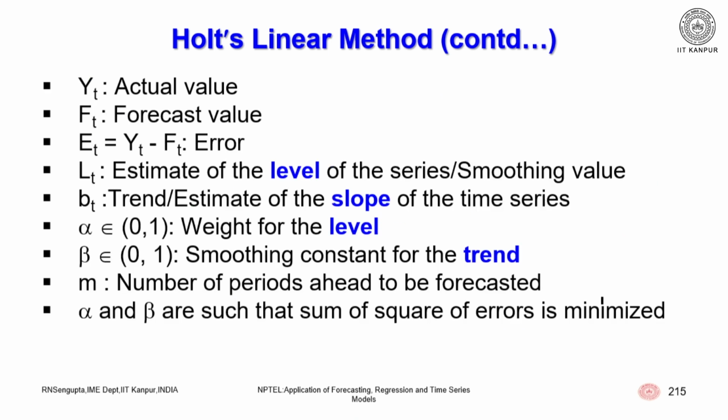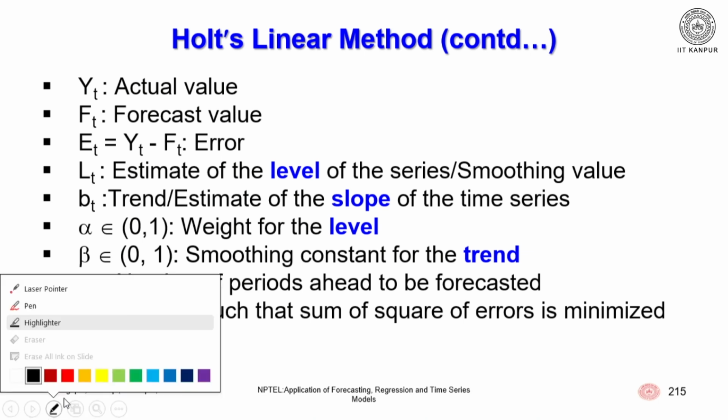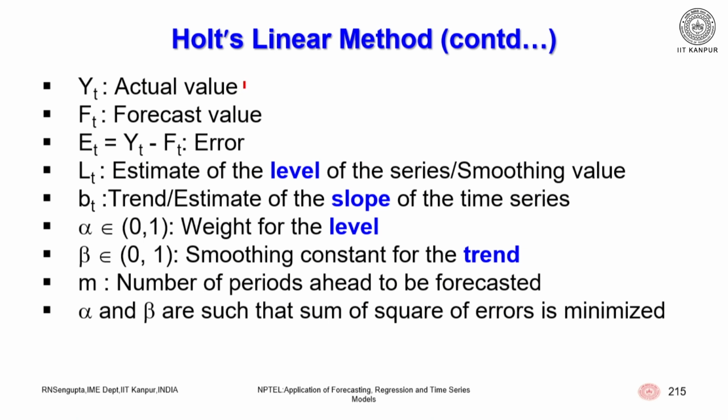What is the nomenclature for this Holt linear method? They are exactly the same, but I will still repeat and I tick mark as I proceed. Y with the corresponding suffix is the actual value, F with the corresponding suffix is the forecasted value, E with the corresponding suffix is the error, which is the difference between Y and F. L with the suffix t estimates the level of the series, which is basically a type of smoothing value, from where you are starting.